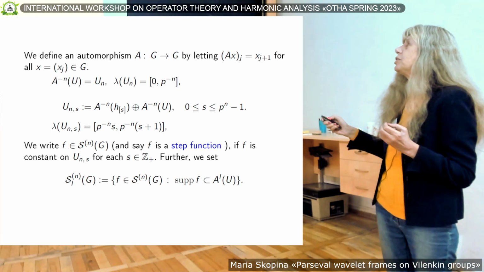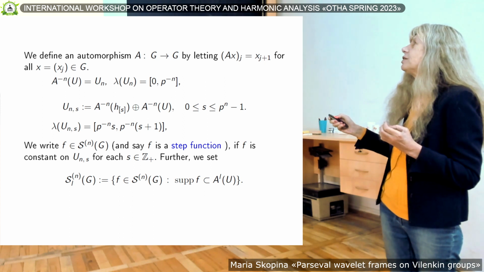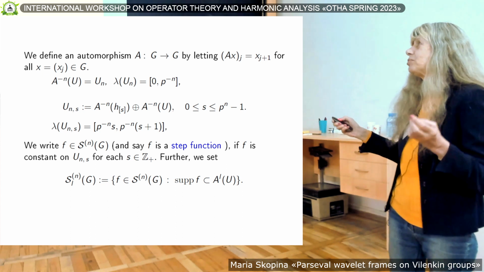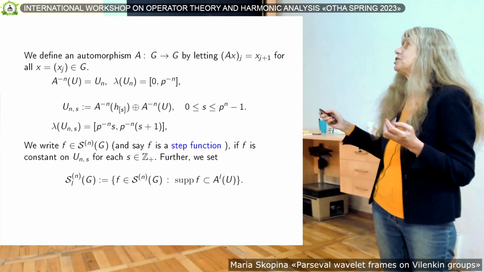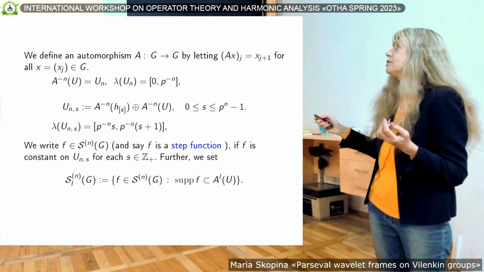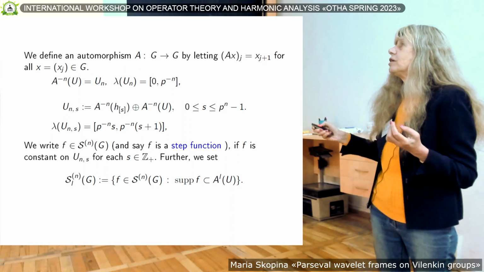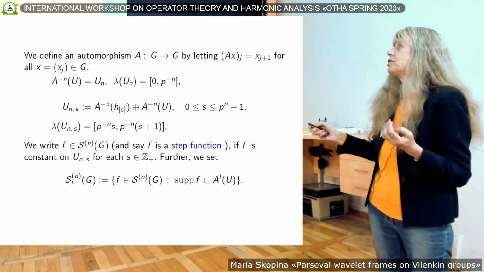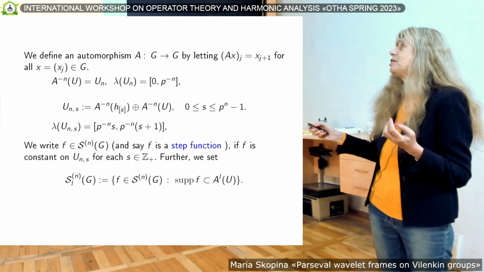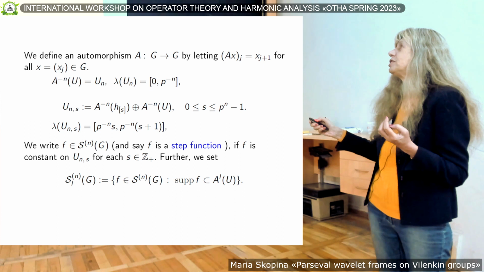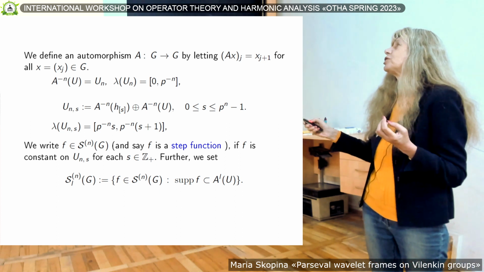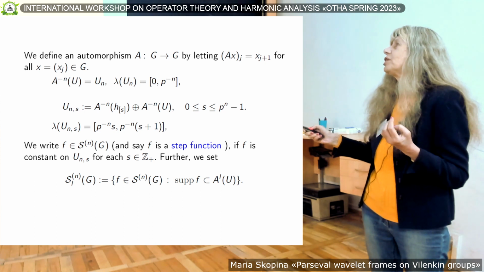Next, we need the automorphism A, so we can compare with positive numbers on the semi-line. It is just actually multiplying by p, and this neighborhood corresponds to the interval on the positive semi-line.